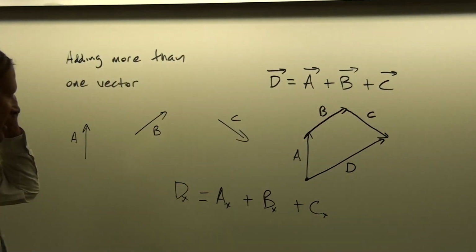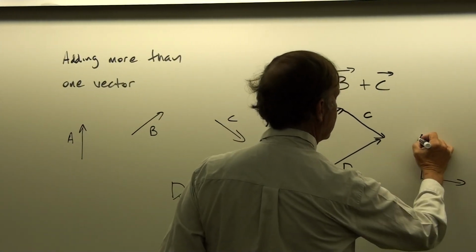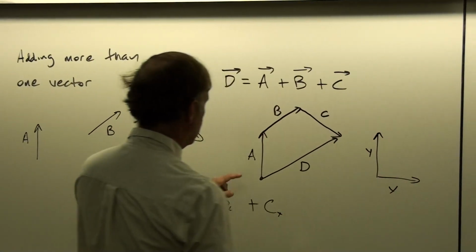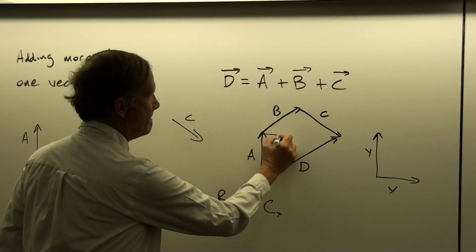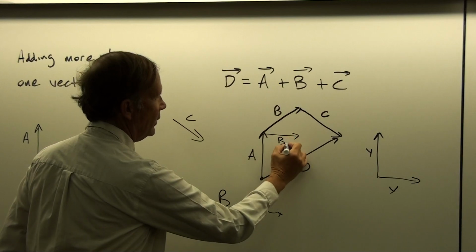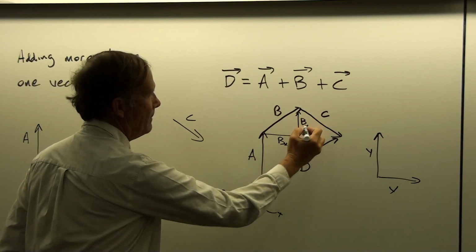Okay, now the X component of A, if we define this to be an XY coordinate system like this, would be 0. The X component of B would be this part of B, Bx, and this part here would be By.